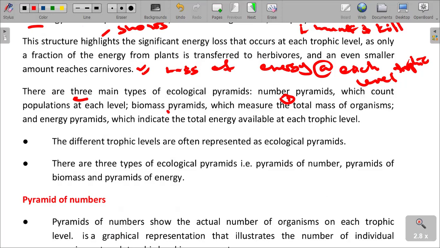Two, the biomass pyramid, which measures the total mass of organisms. And number three, the energy pyramid, which indicates the total energy available at each trophic level.